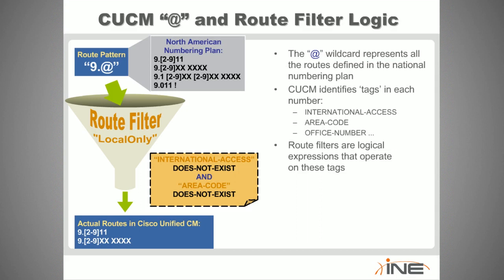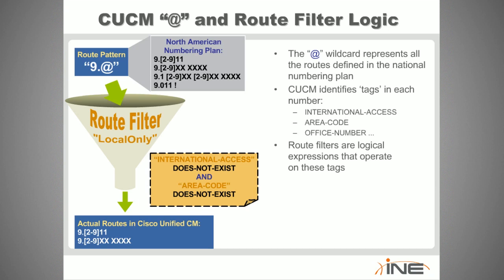Okay, but note that it would not include a local number that I described but is not on the screen, such as 9 dot 2 through 9 XX, 2 through 9 XX, XXXX. That's a local number because after the 9 dot there was not a 1 long distance or national access code. But this route filter would eliminate that from being a possible dialable number matching that pattern.